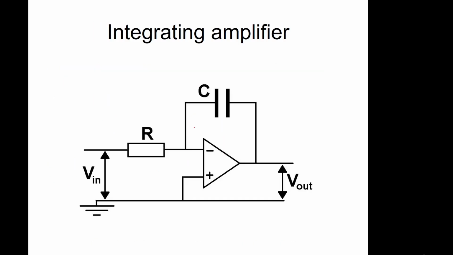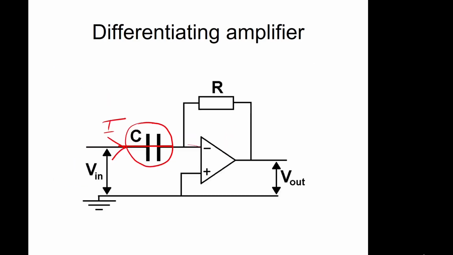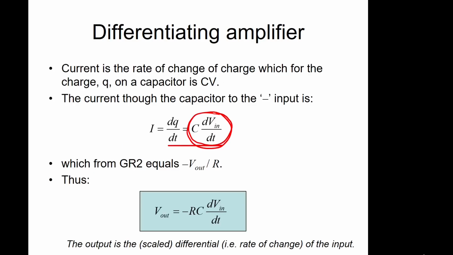And again, it's an inverting amplifier arrangement. No current goes through the op-amp, so all the current goes through the feedback resistor. So the current through there will be minus Vout over R. And again, we can equate the two together and say this term is equal to this term.